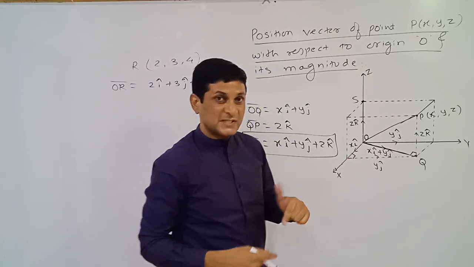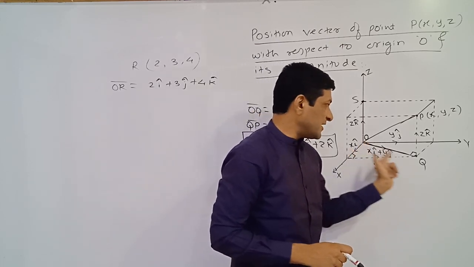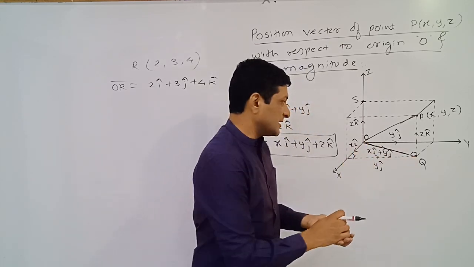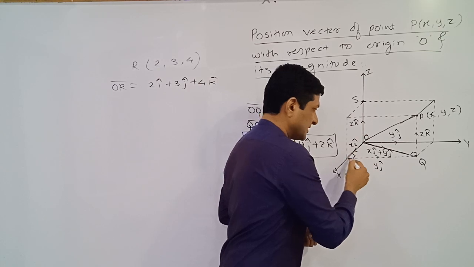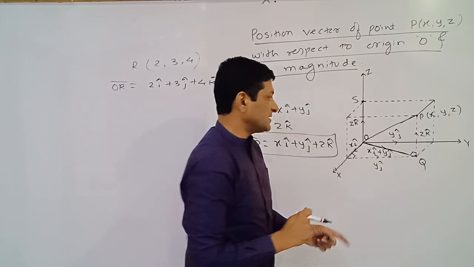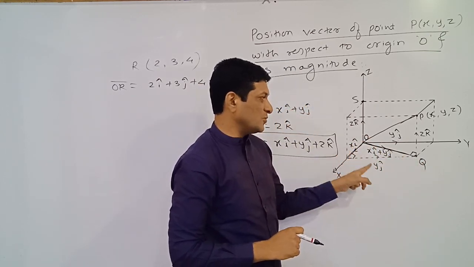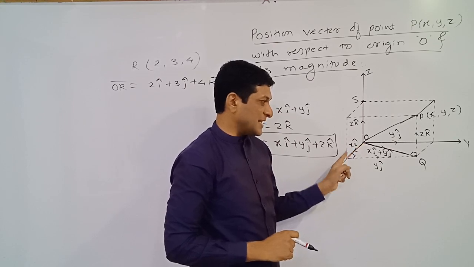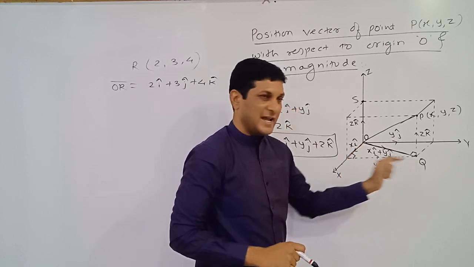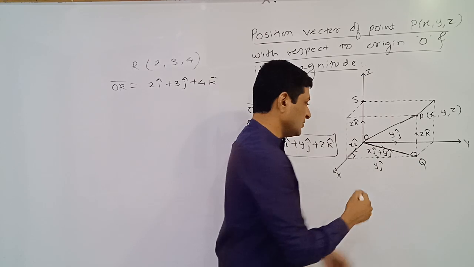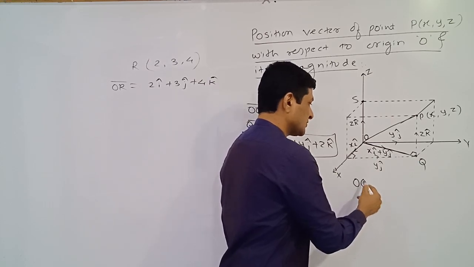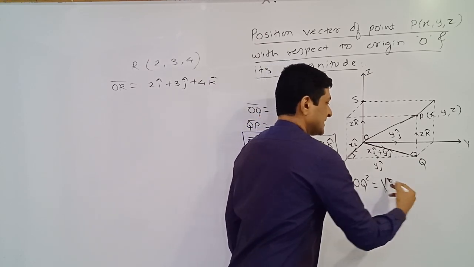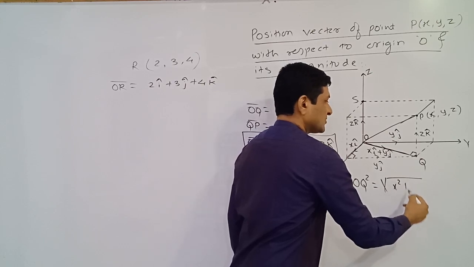Now since it is 90 degrees, let us try to find the length of OP. We are considering this triangle. So observe this right angle triangle. In this right angle triangle, two sides are known to us. What is the length of this side? X. And what is the length of this side? Y. So therefore OQ square will be, under root x square plus y square.